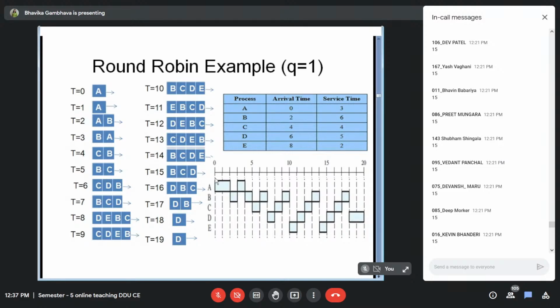It is 0 to 1 first time slot, 1 to 2 second time slot, and 2 to 3 is third time slot. Now tell me. Okay, got it. Please still go through that once again, and afterwards also, if you have any doubt, you can approach me.